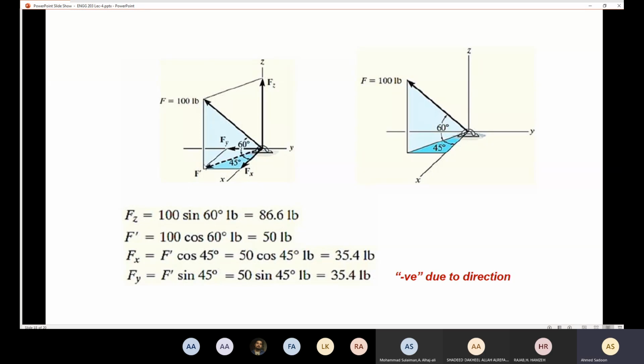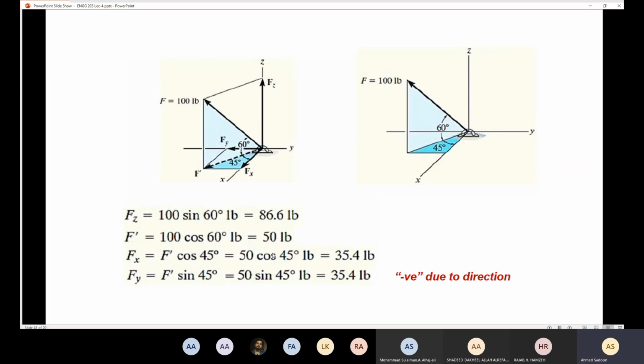Now I'm going to have a new force. I'm going to call it z dash or F dash. So F dash is going to equal 100 cosine 60. And F dash, I'm going to decompose into x and into y. So Fx is going to equal F dash, which is 100 cosine 60 multiplied by cosine 45. And Fy is going to equal F dash, which is 100 cosine 60 multiplied by sine 45.